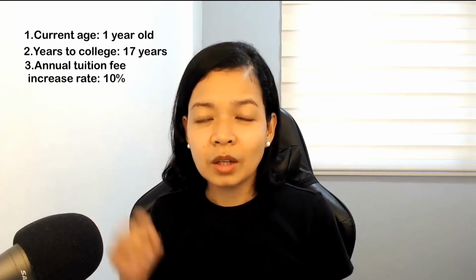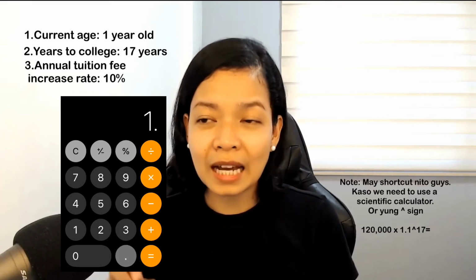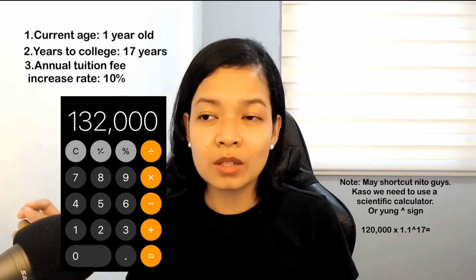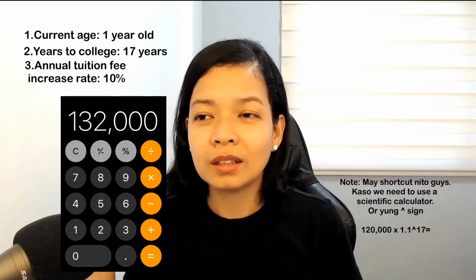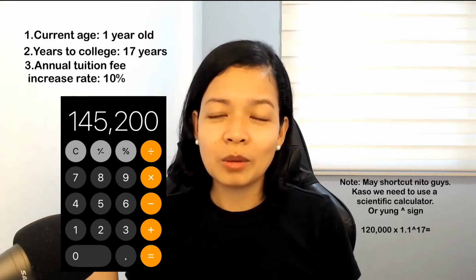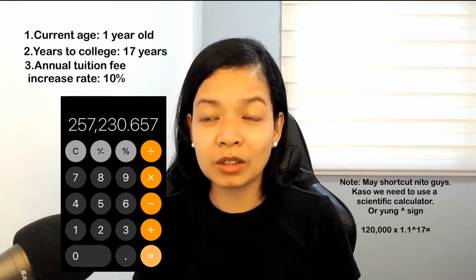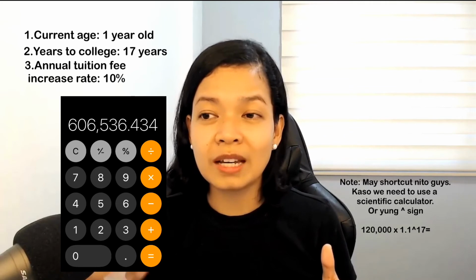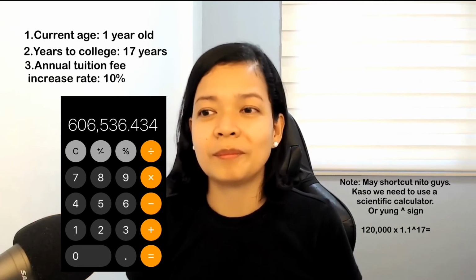So we are going to use our calculator again. So 120,000 times 1.1 is equals to isang pindot, 2 pindot hanggang 17 na pindot kasi 17 years to pay. So yun yung increase ng tuition fee every year, approximately.